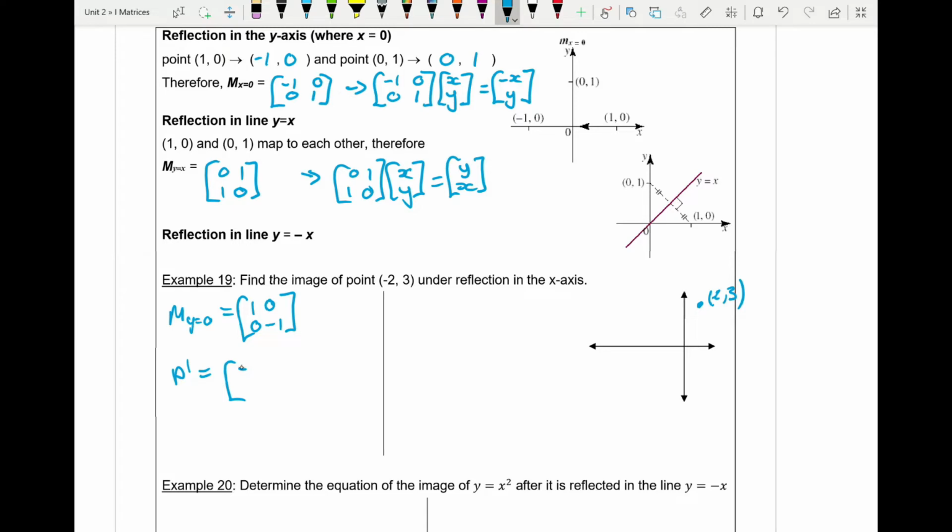So (1, 0), (0, -1) times (-2, 3), which is going to give us (-2, -3). It's quite easy to see this geometrically on a Cartesian plane, but this is the actual maths behind it. This is what we're multiplying together to find this new point.